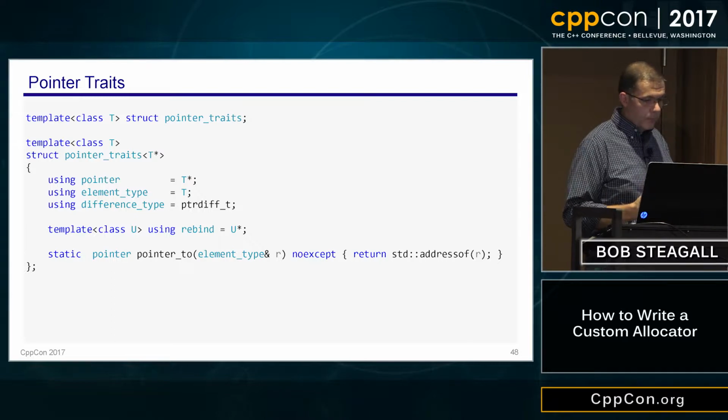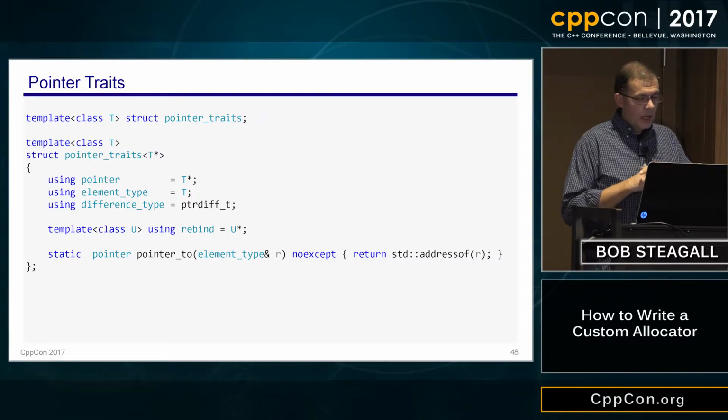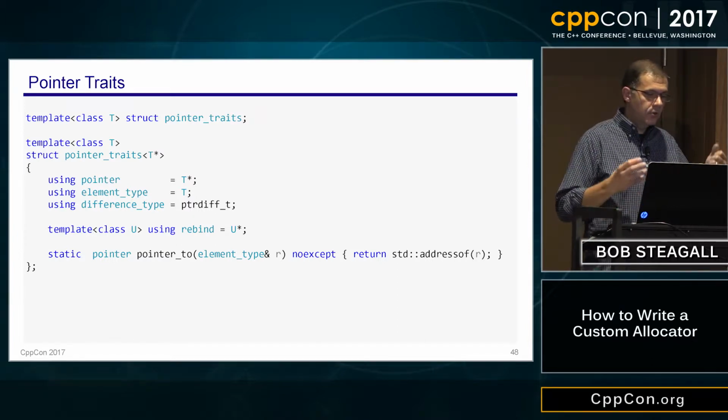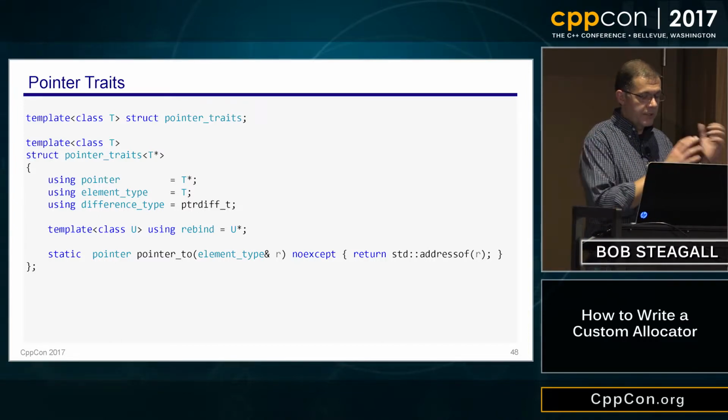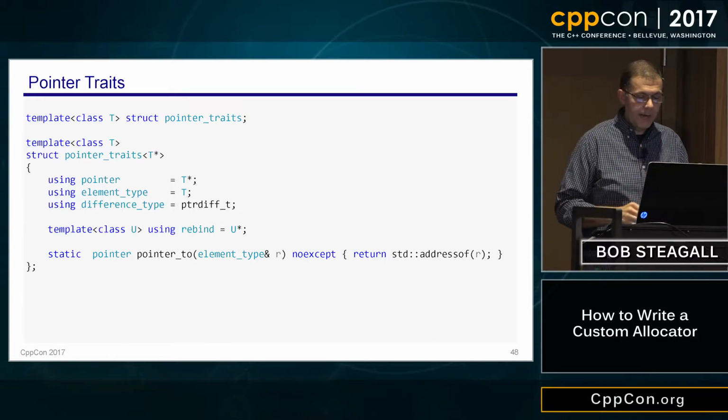There's a rebinder, which here, unlike the old school allocators, is a parameterized typedef that allows one to take T star and from it get a U star. And there's this function that's required that takes a reference to the element type T and turns it into a pointer. In this case, a T star, but something which is this type pointer. And the default, the example in the standard, is to use std::addressof.